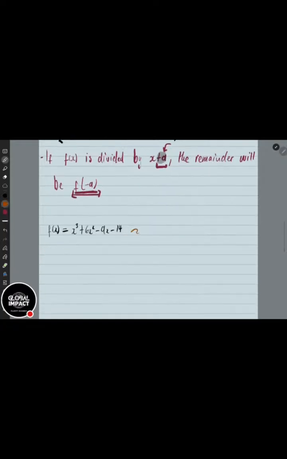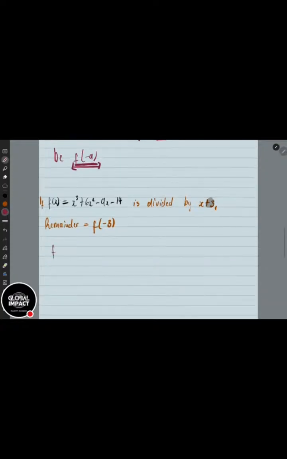So remainder, okay? If this is divided by x plus 3, remainder is equal to f of negative 3. Just change the sign here. Period. Remember, remainder is f of negative. That will never change. That's the remainder theorem, full stop.